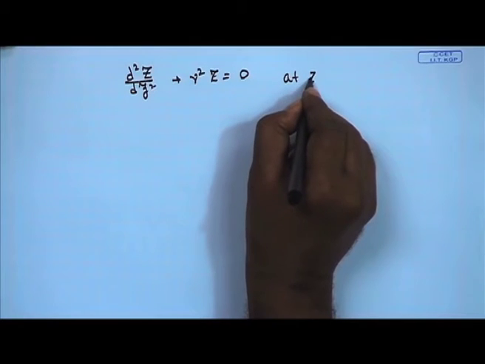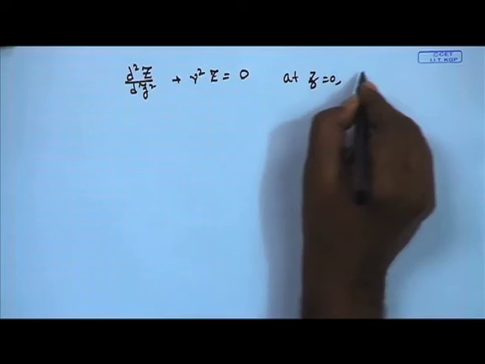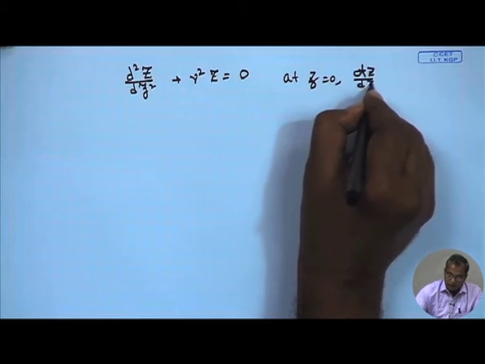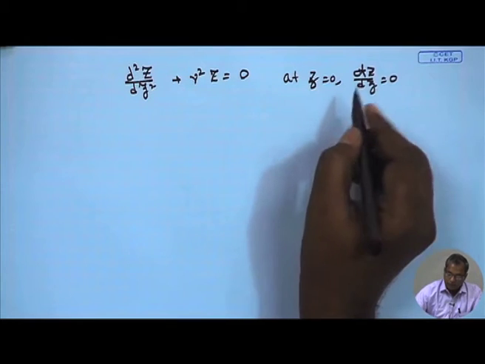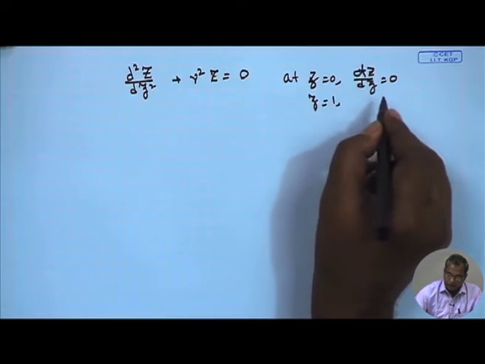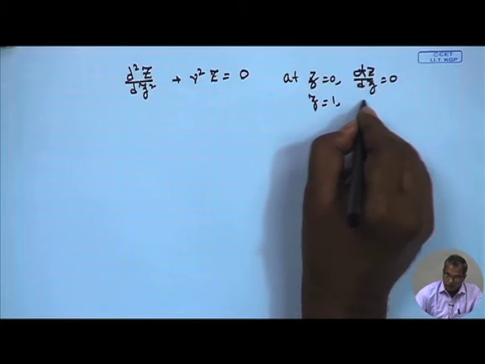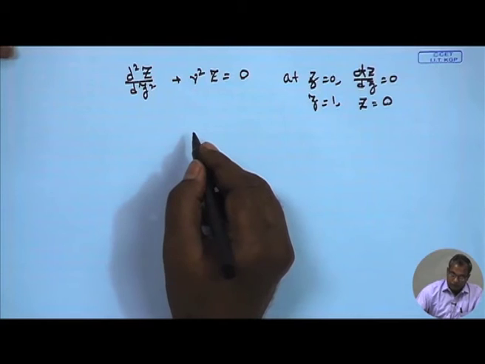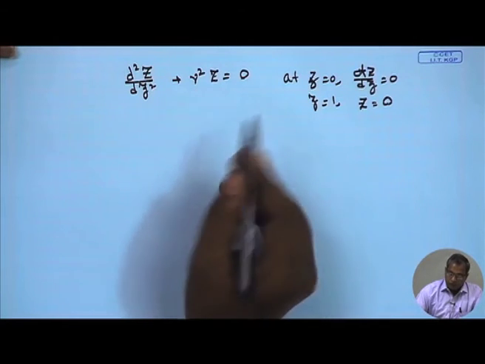At z equal to 0, we have dz equal to 0, because in the original problem we had the Neumann boundary condition at z equal to 0, and at z equal to 1 we had z equal to 0. Again, we know the solution of this problem.